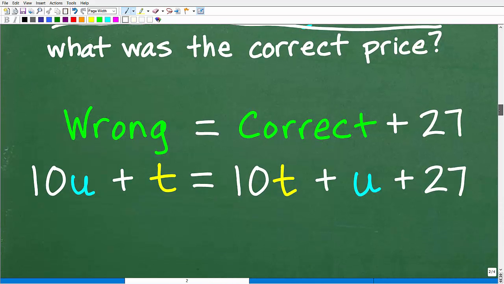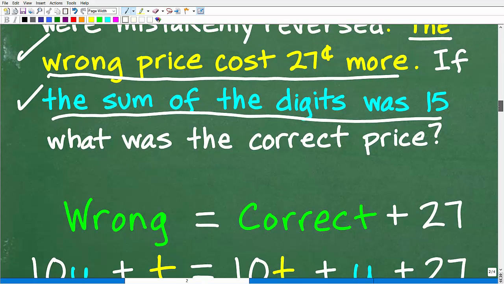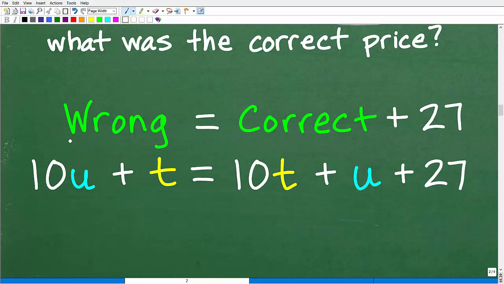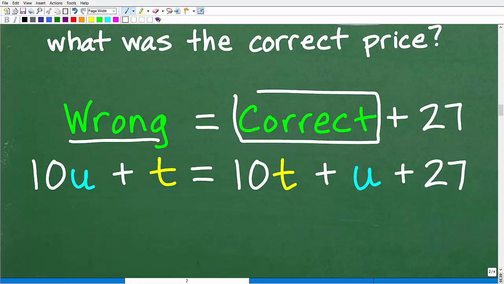And we'll start with this first part, the wrong price costs 27 cents more. Okay, so if the wrong price costs 27 cents more than the correct price, what does that mean? Well, if we have the correct price and we add 27 cents to it, that indeed is going to be equal to our wrong price. Now, we have variable expressions for these, right?